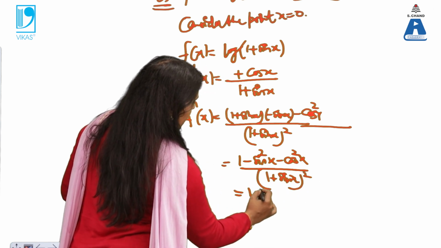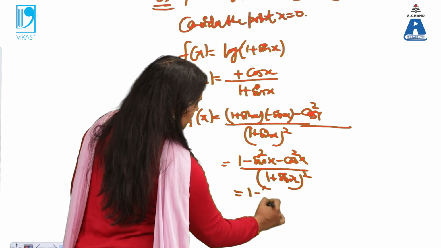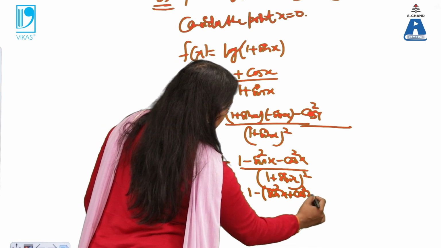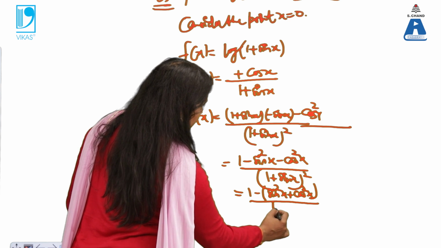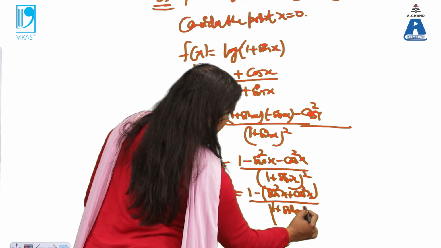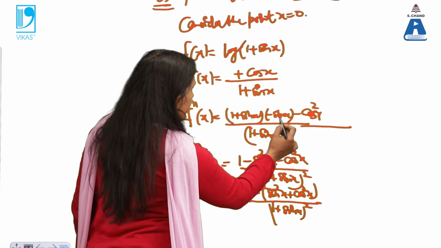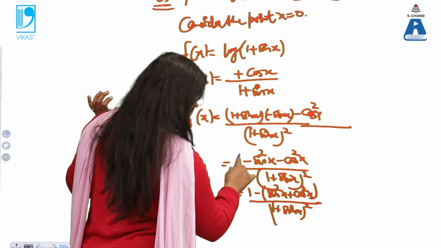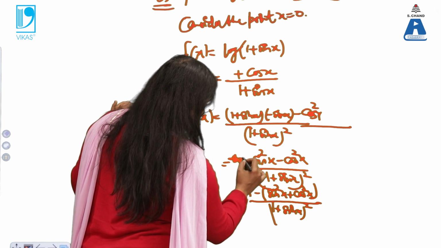So 1 minus, and when I take minus common, this is sin square x plus cos square x. And so when we are multiplying it, minus sin x, this will be minus sin x, minus sin x.